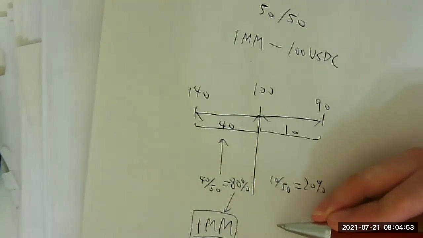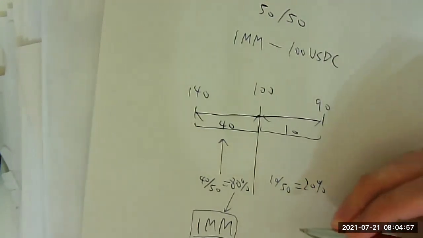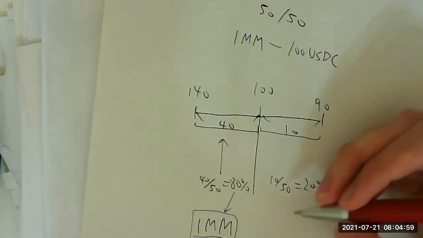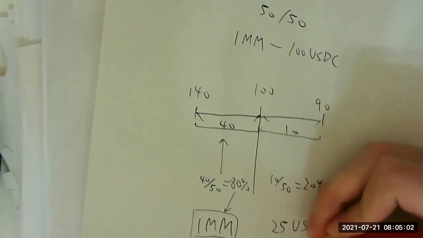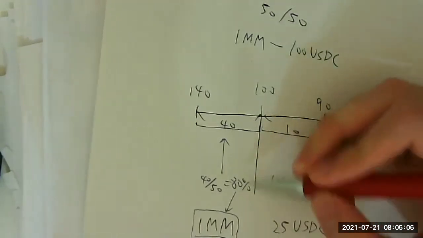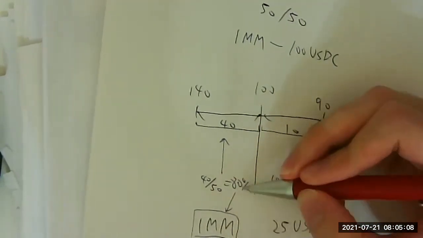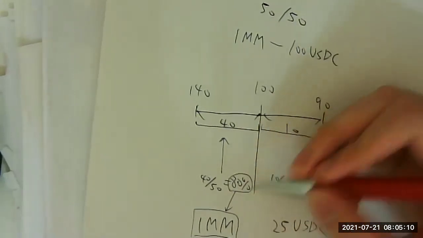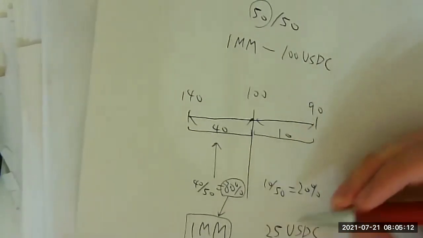So here you wouldn't be putting 100 USDC. Instead, you'll only be putting 25 USDC, because this one 1 mm already occupies 80% instead of 50%.